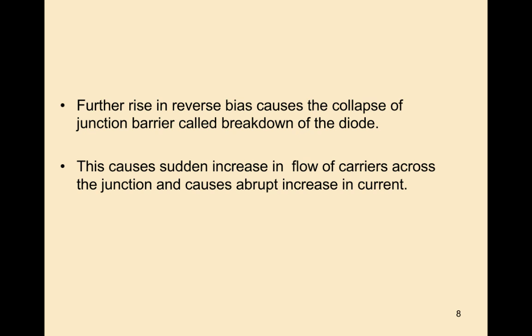This causes a sudden increase in the flow of carriers across the junction and an abrupt increase in the current. So when breakdown occurs in the diode, the current flowing in the diode increases. At some particular point the breakdown occurs in a diode.